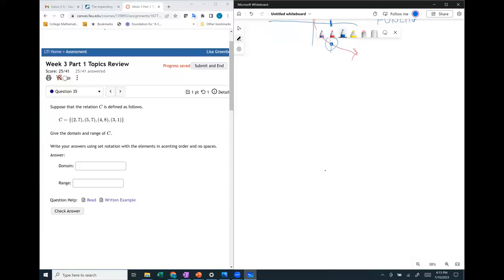If I were to draw that, here are my relations, and I would have functions or not functions.